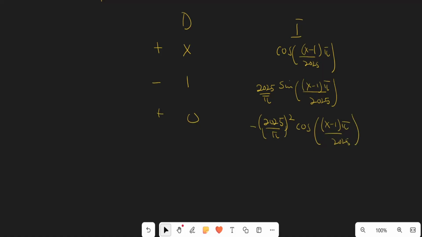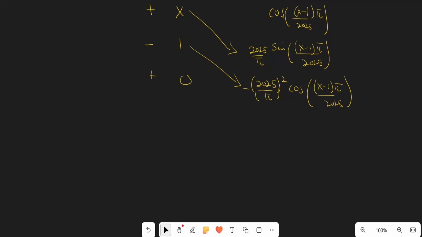So we can now multiply our diagonal terms out. If you multiply diagonal terms, that is going to be the value of our integral.